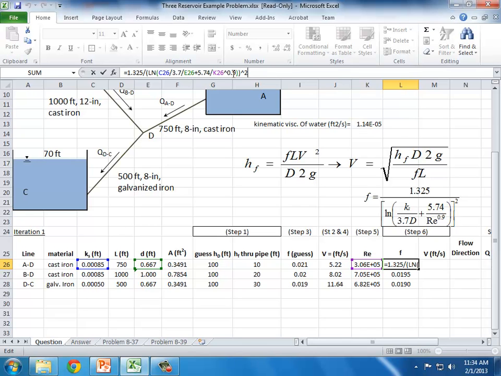All right. Kinematic viscosity, remember, Reynolds number is velocity times diameter divided by kinematic viscosity, and in traditional units, that's 1.138 times 10 to the minus 5 feet squared per second.